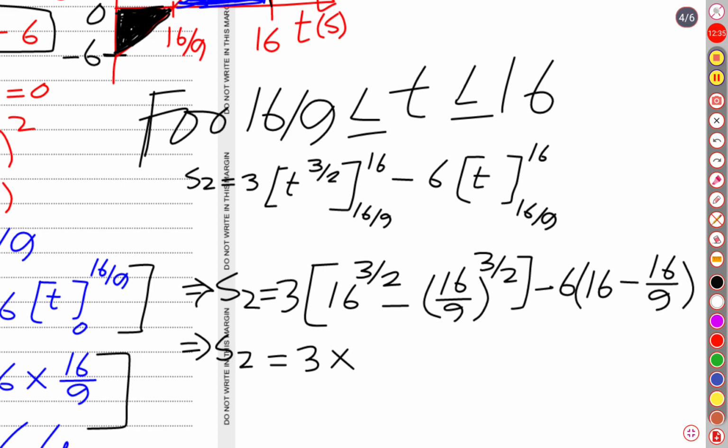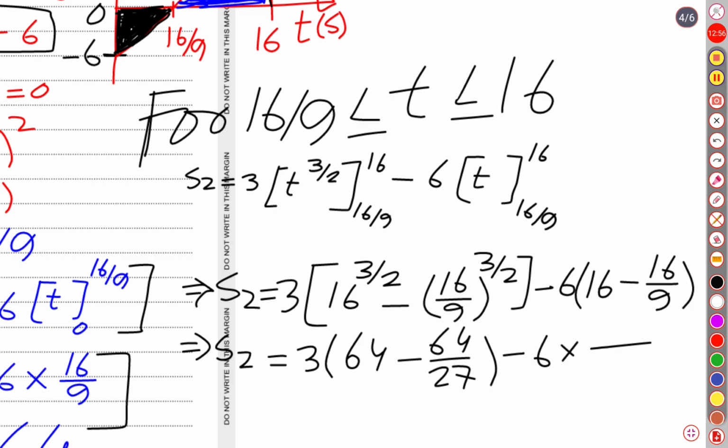Finally, we are going to get S2 is equal to 3 into 16 raised to 3 over 2, means 4 cube, 64, minus 64 over 27, minus 6 into 9 over 9 16, 144, 144 minus 16, that is 128.